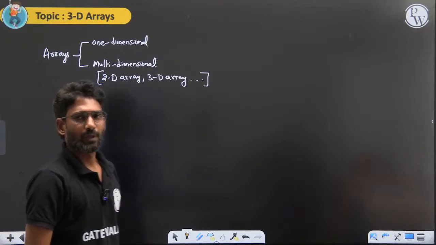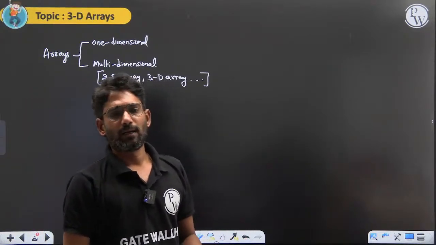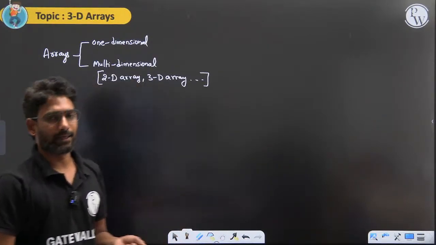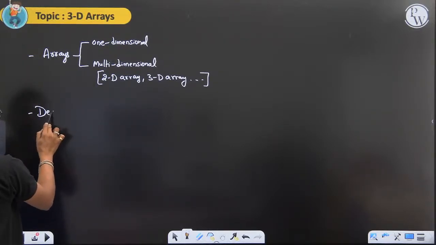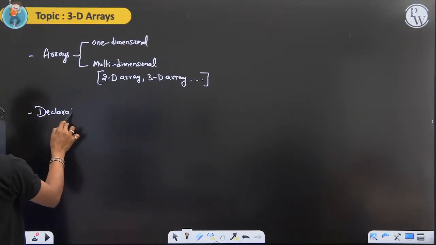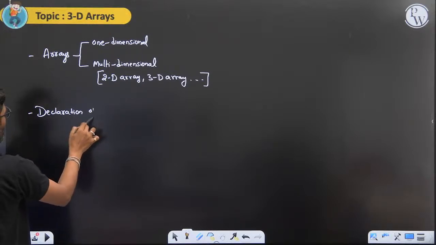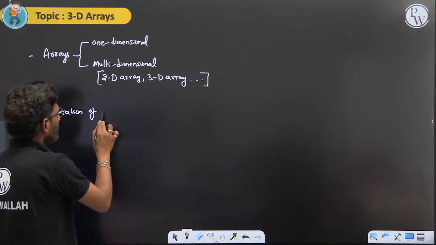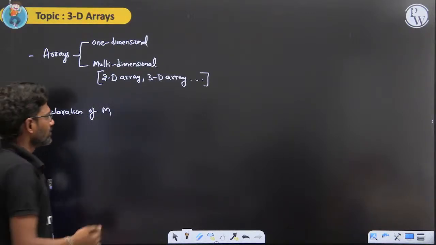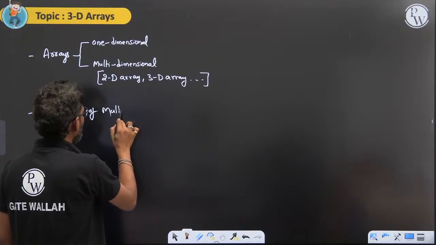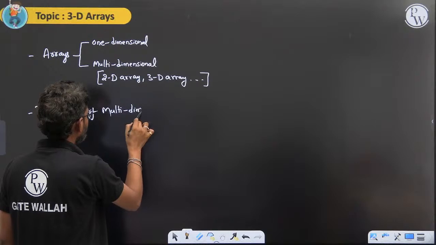Right? So how we actually declare an n-dimensional array. The n value may be anything. So how we declare a multi-dimensional array?